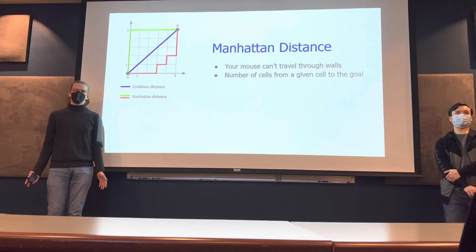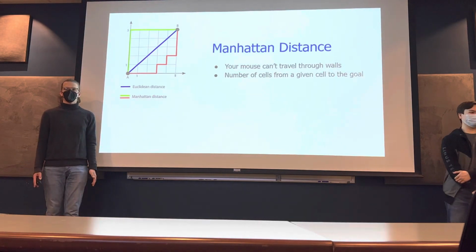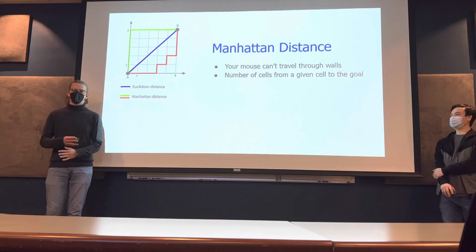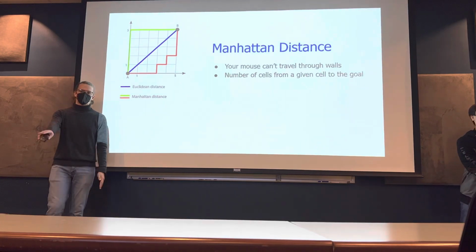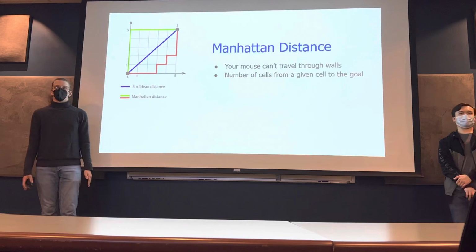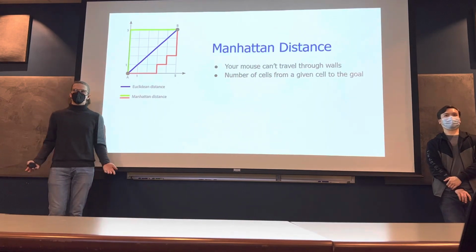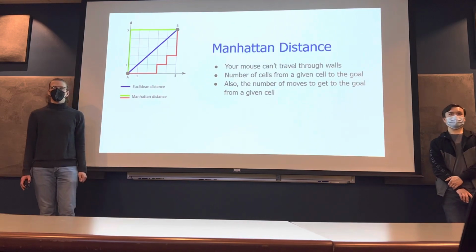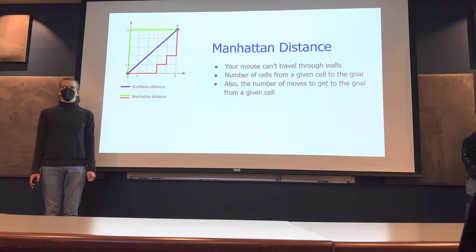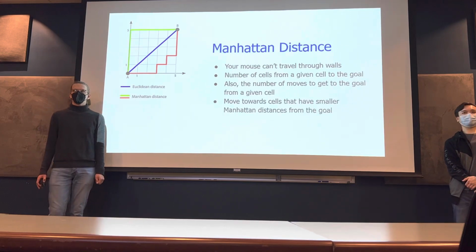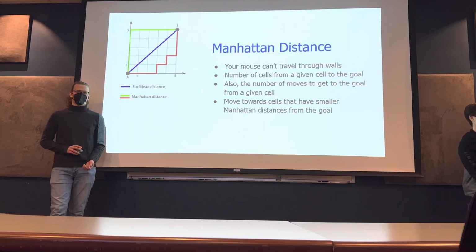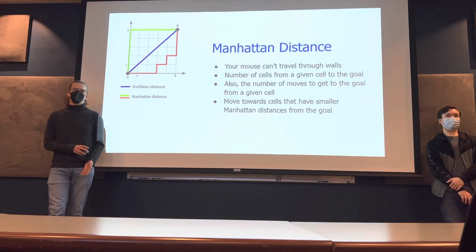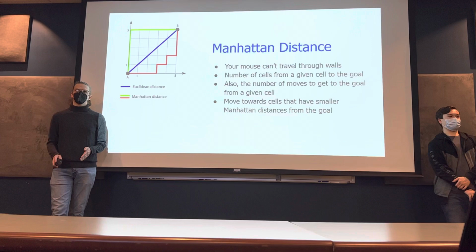The name Manhattan distance comes from the streets in New York, where it's laid out on a grid, and you need to drive your taxi from one place to another. It's the number of cells in order to get to the goal, which is also the number of moves that your mouse needs to make to get to a certain cell. So our strategy in Floodfill is to move towards cells that have a smaller Manhattan distance to the goal.